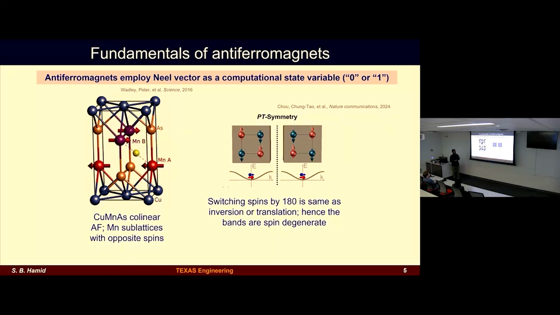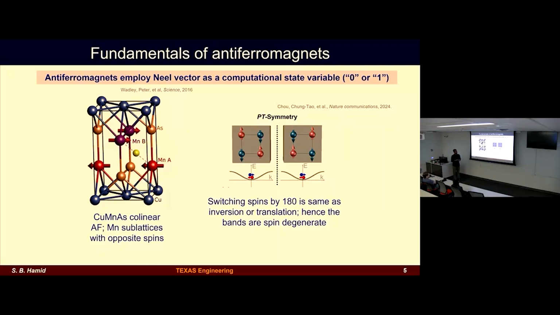So you can see that in antiferromagnets, the magnetic moments of atoms lie in opposite directions. So the net magnetization in these materials is 0. Instead of magnetization, the key state variable in these materials is called the Néel vector. The Néel vector essentially represents the relative orientation between opposing spins.